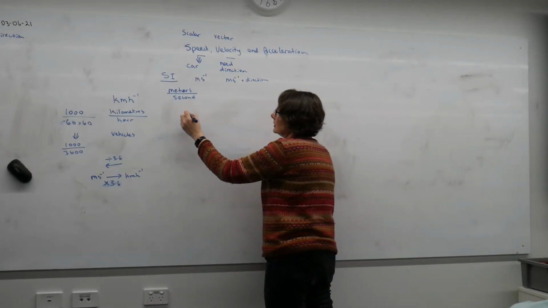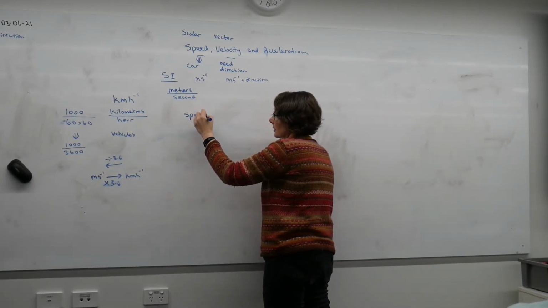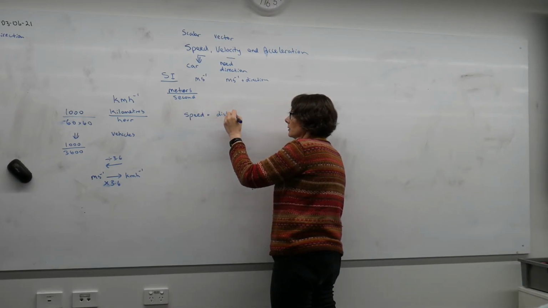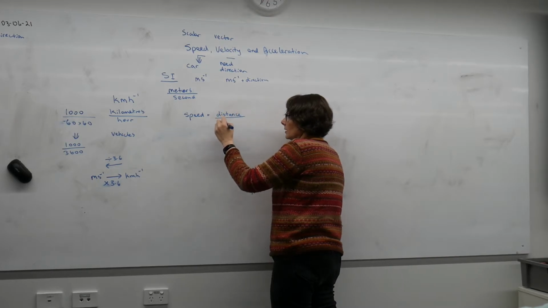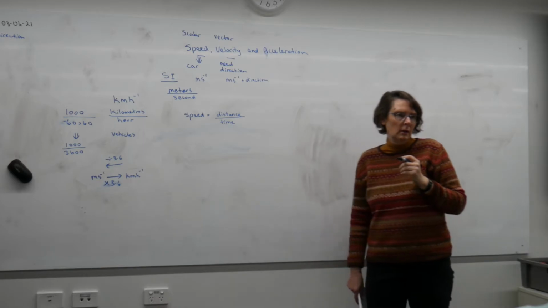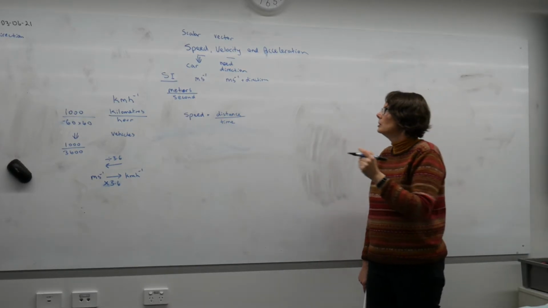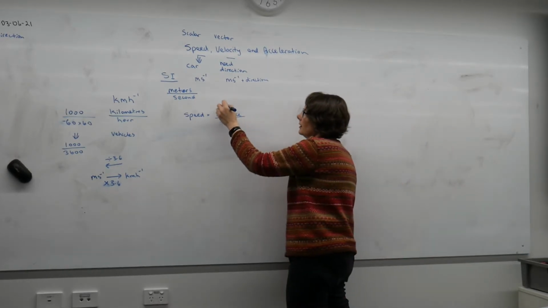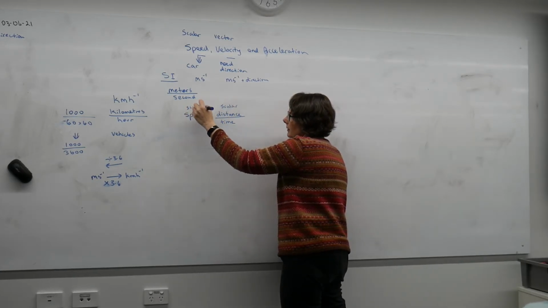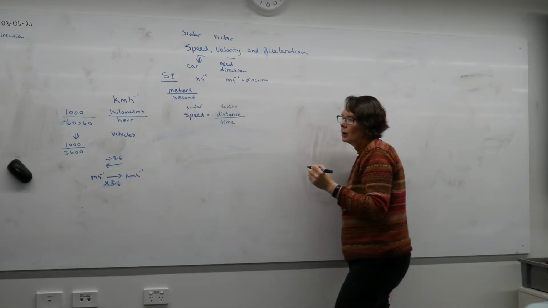So our speed is equal to the distance we travel divided by the time. Okay, so remember that we've already talked about distance being a scalar and our speed being scalar. Time is also scalar.